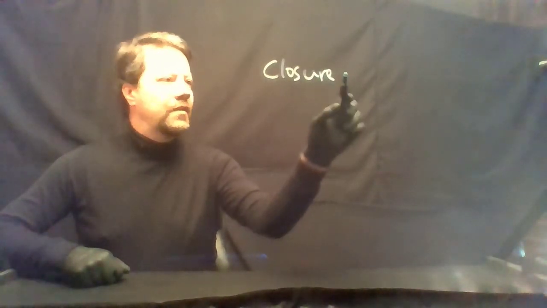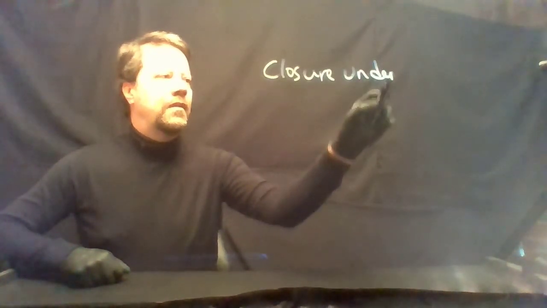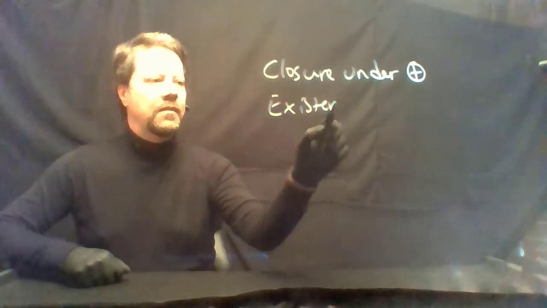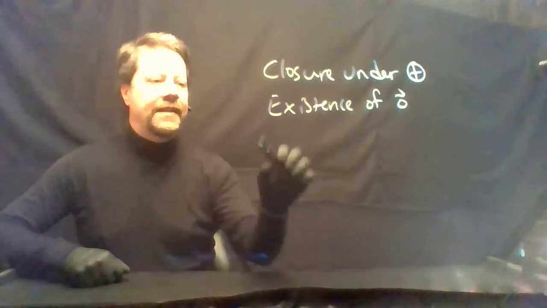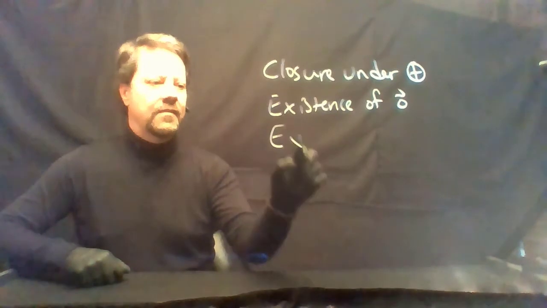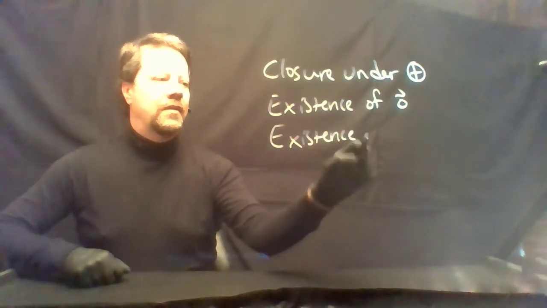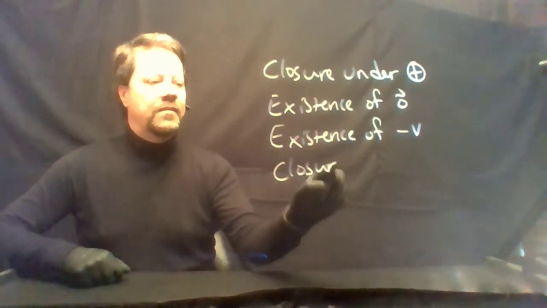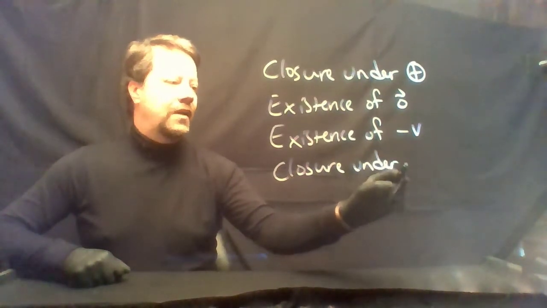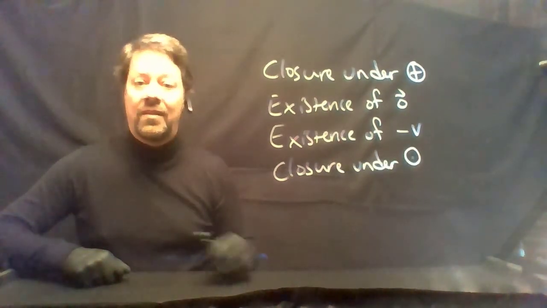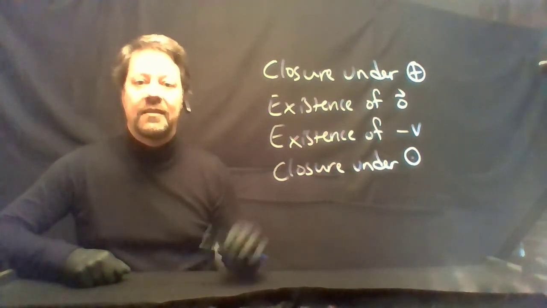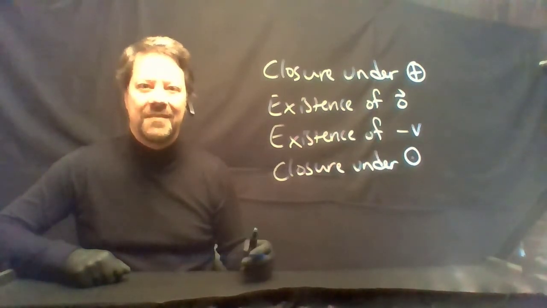The 4 are closure under addition, existence of a 0 vector, existence of additive inverses, and closure under scalar multiplication. All of the other 6 properties are automatically satisfied by being a subset of a larger set that satisfies all of those properties.